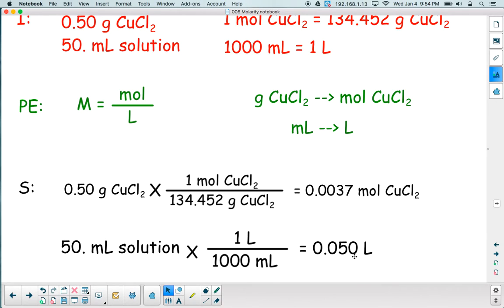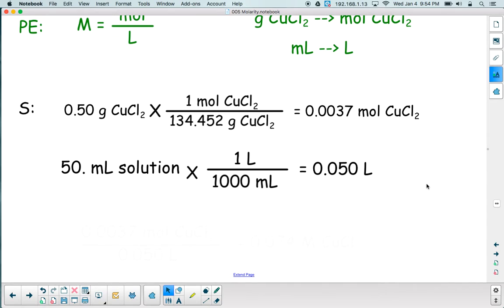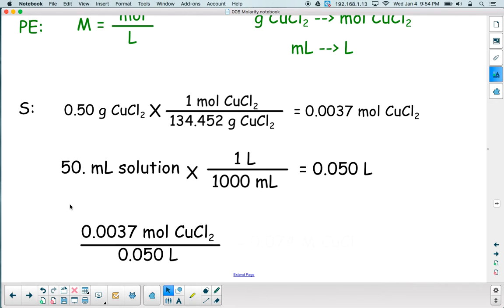I have to keep the 0 here because of the decimal point present in the 50 milliliters, so that I start with two significant figures and end with two significant figures. Remember, leading zeros aren't significant. To calculate the molarity, I simply take the moles of copper(II) chloride, divide by the liters of solution, and I find out that my solution has a concentration of 0.074 molar.